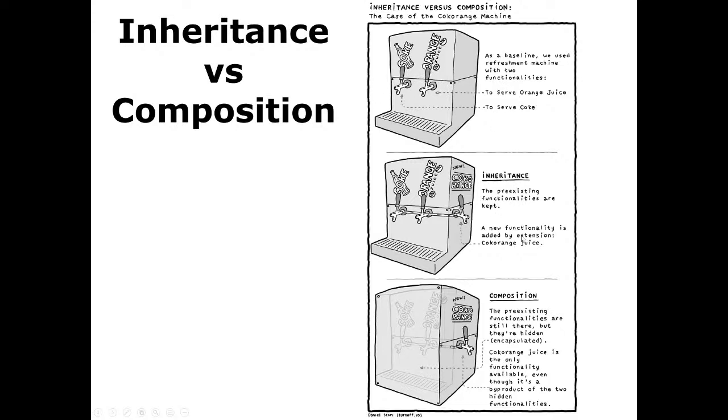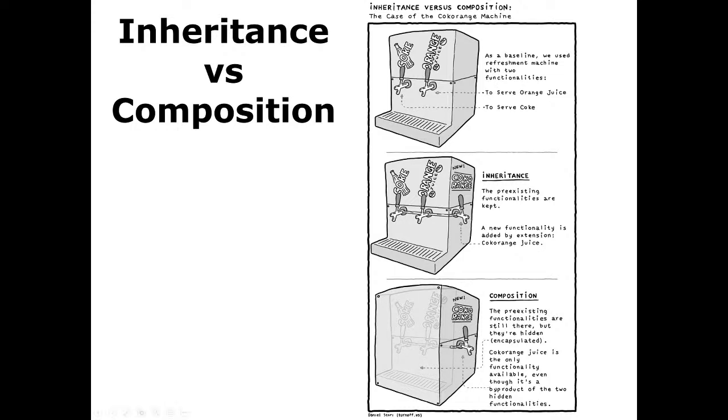Then the inheritance is that again we have the same two functionalities, and we add a new functionality here. This is the inheritance. We inherit all the previous functionalities and we add something new. And if we have the composition, it means that we have a new class, and all the previous functionality is located inside this class.